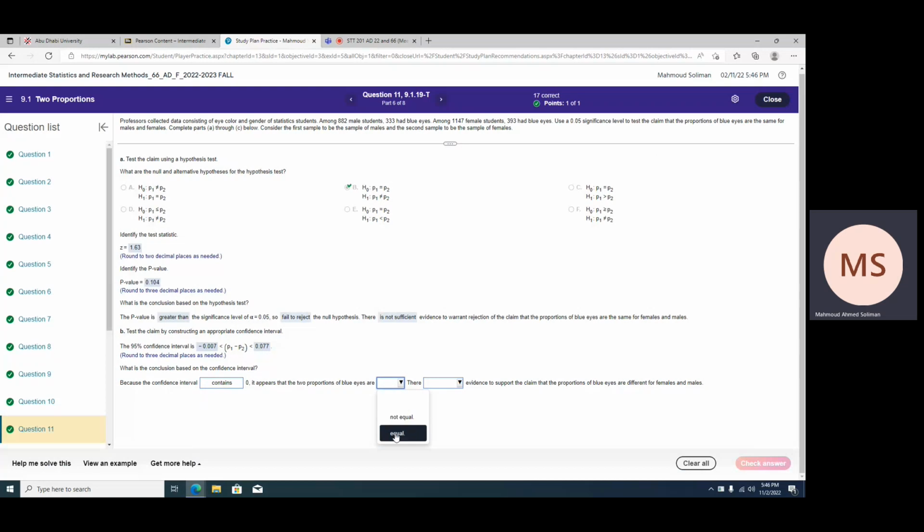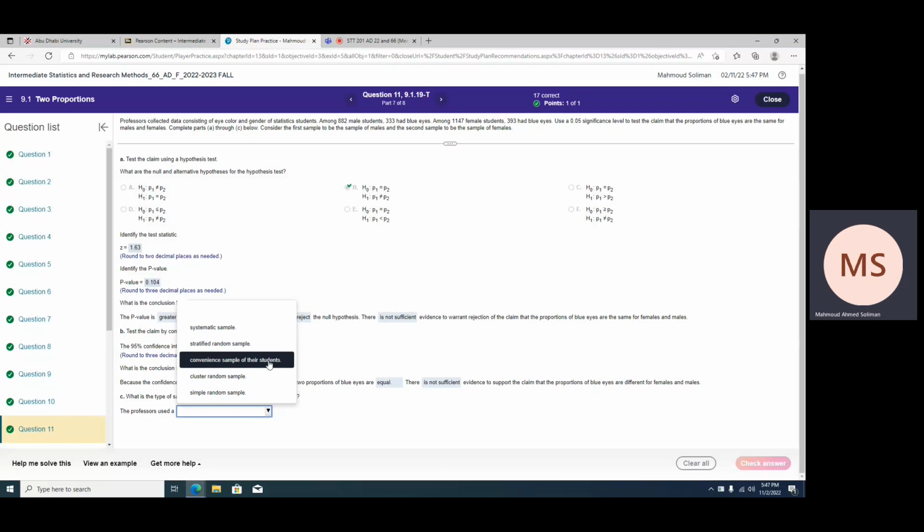That means they are equal. You have to read. There is not sufficient evidence to support the claim that the proportions are different because they are equal. They're not different. If it said they were the same, I'd have to put sufficient evidence. If they said the same, then we have sufficient evidence to support it.